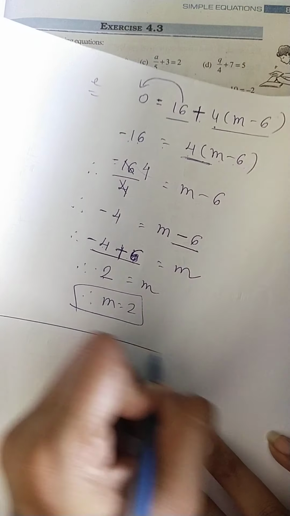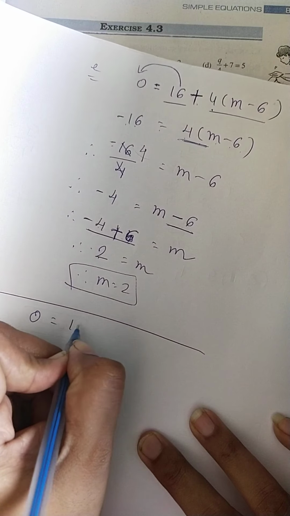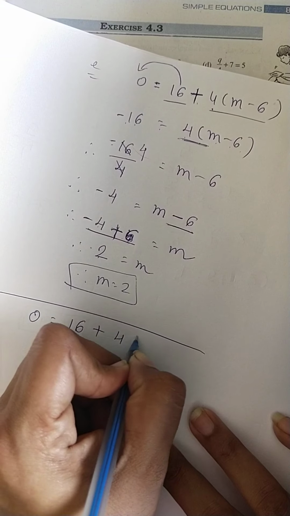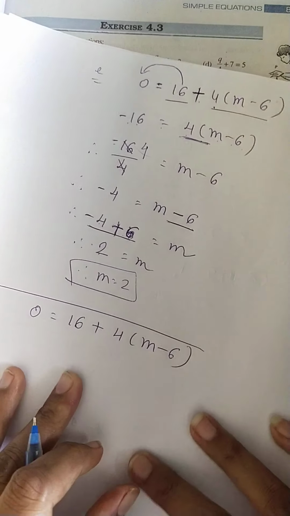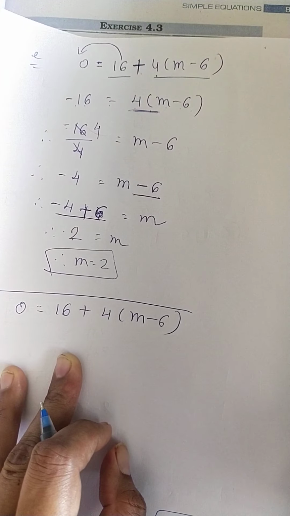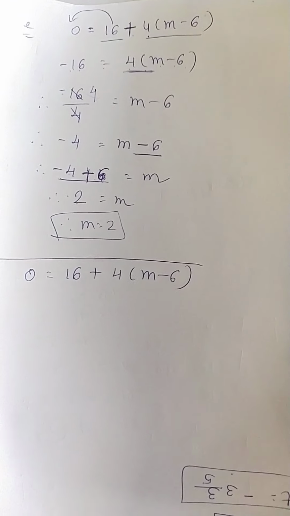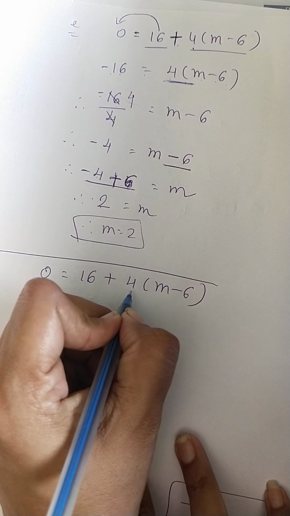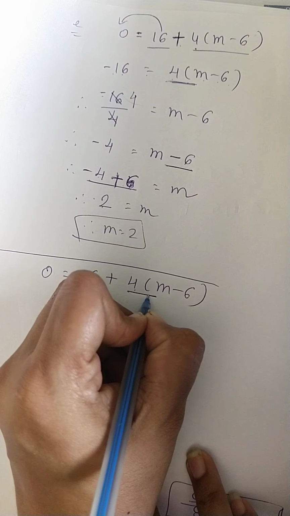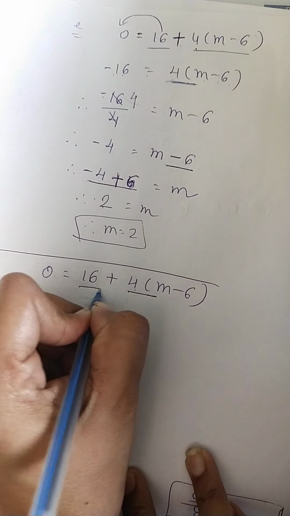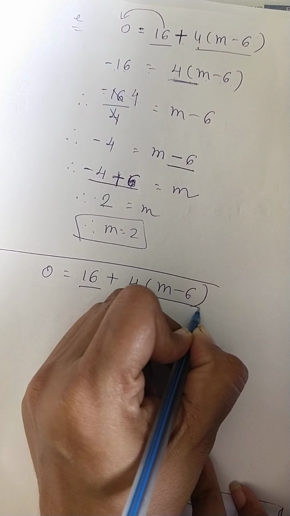Another one, students: 0 is equal to 16 plus 4 into bracket m minus 6. I am just showing you, you will never do it this way. Why? Because what is the relation? Multiplication. But what is the relation with the 16 and 4 into bracket m?